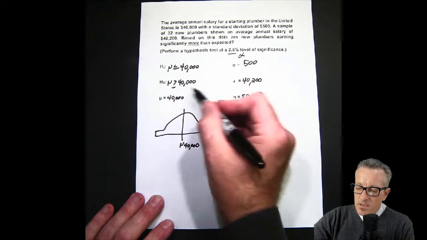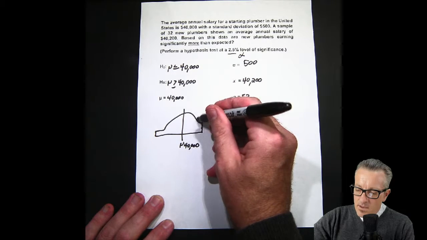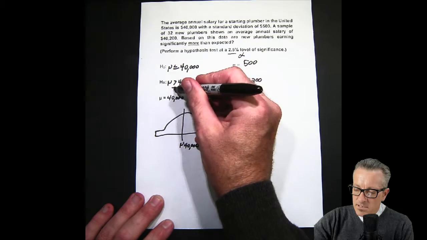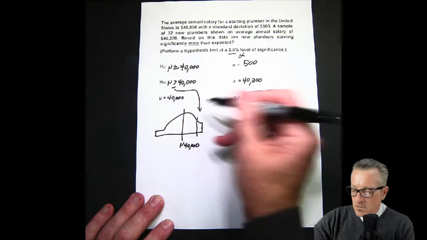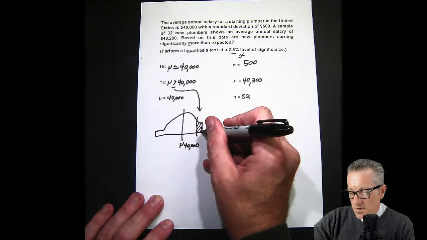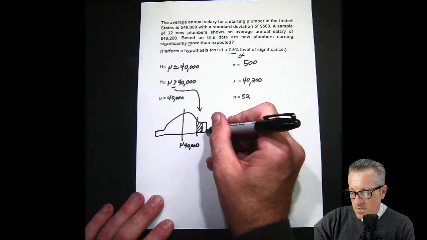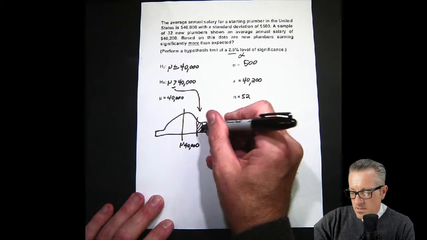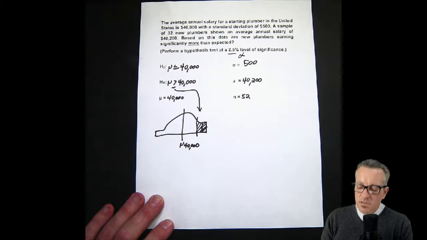So right here, it's pointing to the right. So what that means is our rejection zone is right here. We can make this a little longer if we want, but it's this side right there.